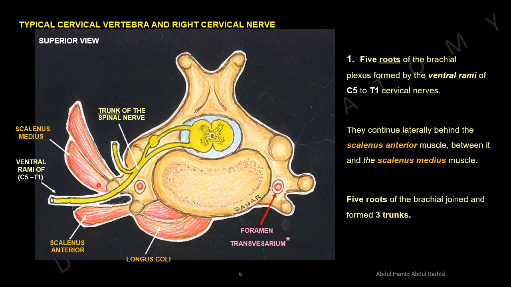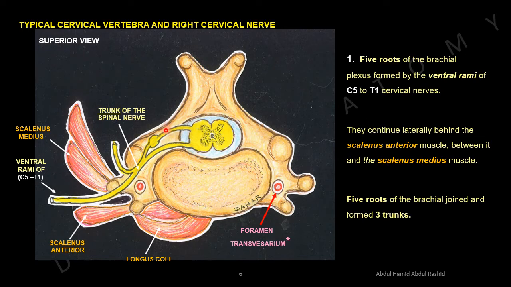So now look at the spinal cord. Each segment of the spinal cord gives a pair of spinal nerves, right and left. This is the right side. Each spinal nerve begins with 2 roots. This is anterior or ventral root. This is posterior or dorsal root.